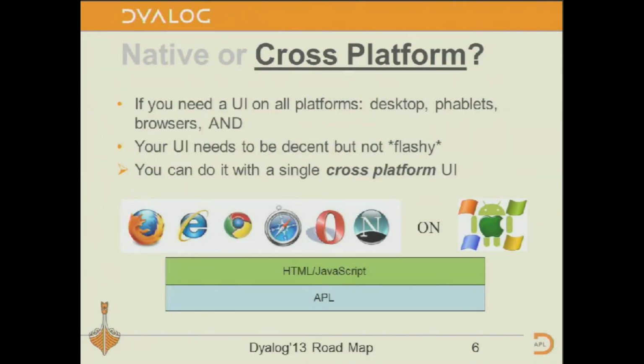On the other hand, if you think you need a user interface that will address all these platforms at once, and your user interface needs to be decent, but it doesn't really need to look exactly like a native application, then you can probably do that with a single cross-platform user interface. Using HTML, JavaScript, address all these browsers, and target all these operating systems in a single go.